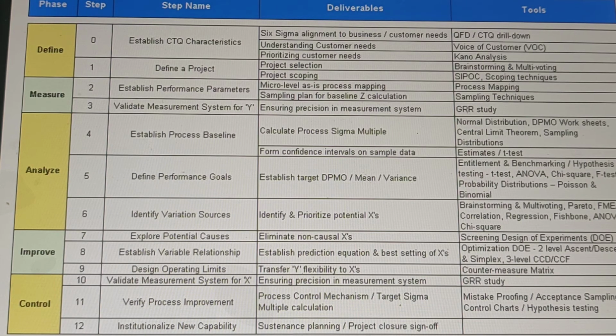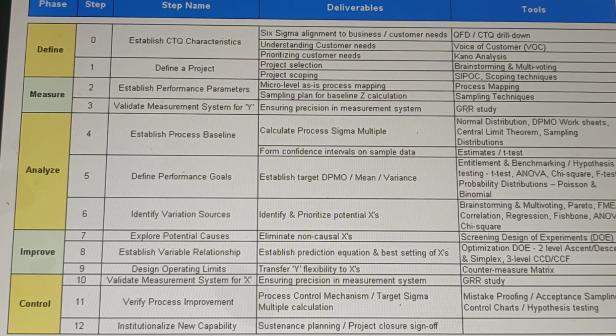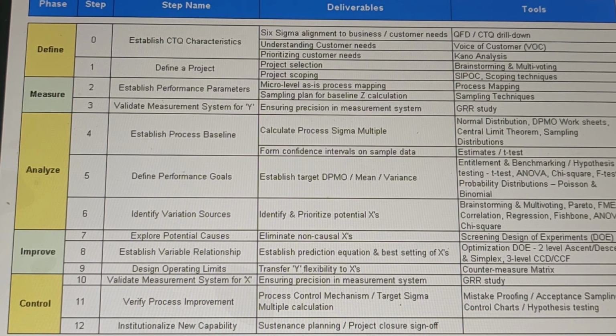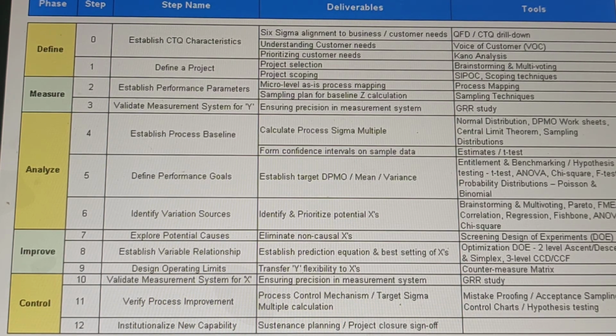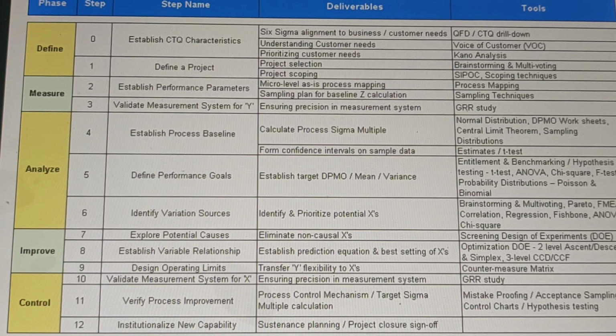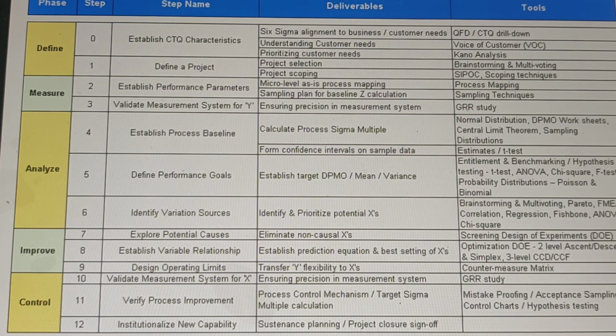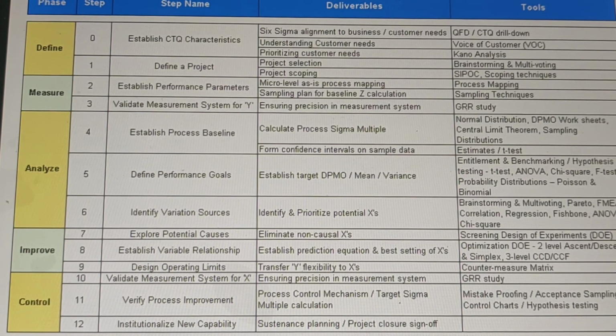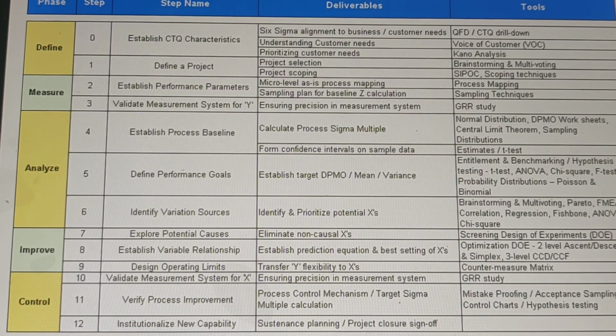Then validate the measurement systems of Y. Ensure precision in the measurement system. As I told earlier, we may have defined our measurement system, but after a certain time, due to weather or operator effect, a different operator may use the instrument differently. So we can ensure a GRR study.